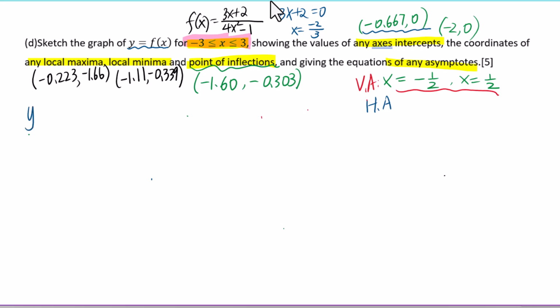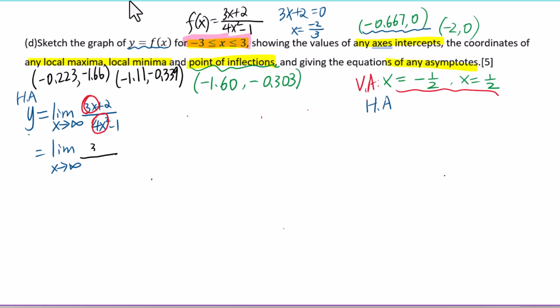Since this is a rational function, you need to check the horizontal asymptote line. For the horizontal asymptote line, we will use limits. y equals limit as x approaches infinity of (3x plus 2) over (4x squared minus 1) equals limit as x approaches infinity of, we will use leading terms for numerator and denominator.